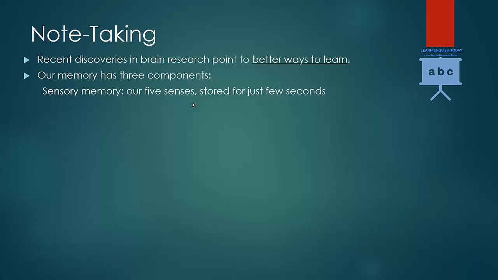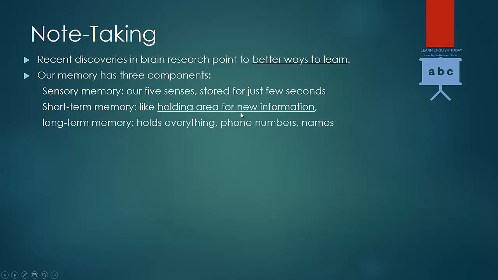Okay, the next one, short-term memory. It is the part of the memory that works like a holding area for new information. The next one is long-term memory. Long-term memory holds everything, like phone numbers, names of cousins, and other things.